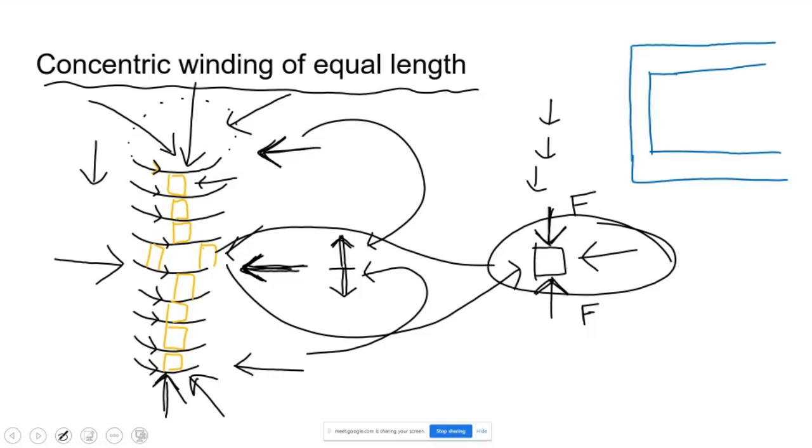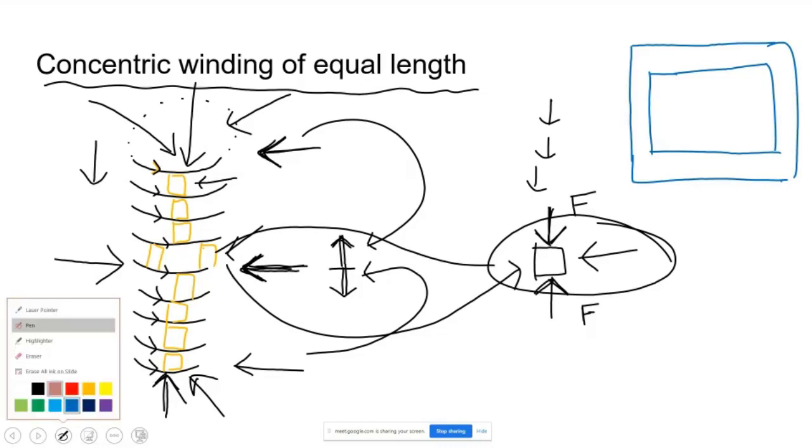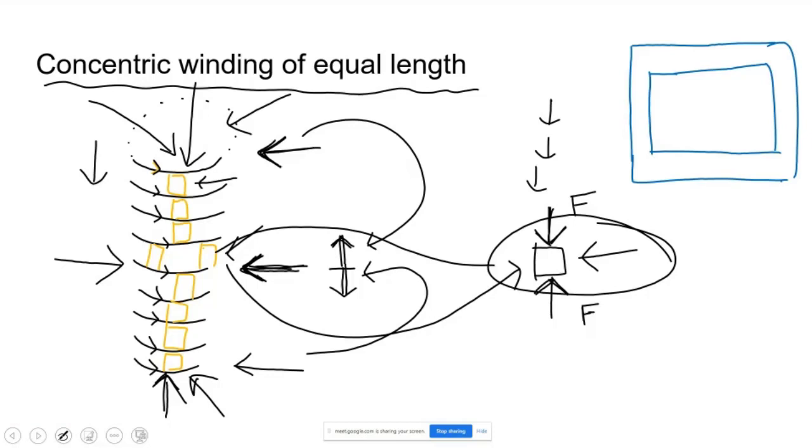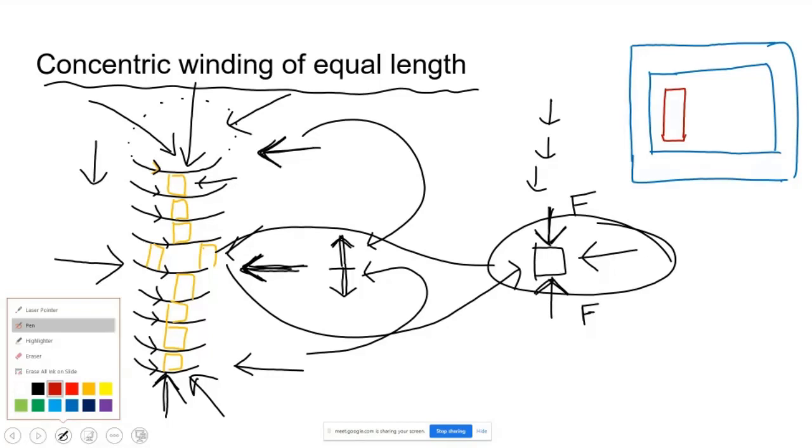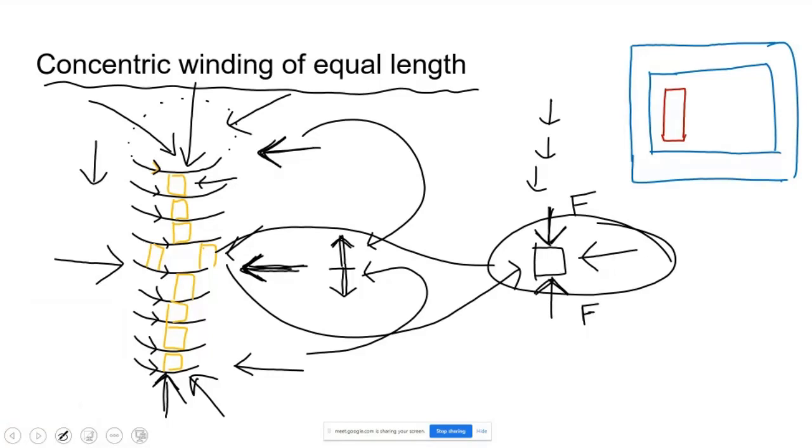This is the core. I'm drawing one side of the transformer only. Now let me draw the first winding, and the second winding.